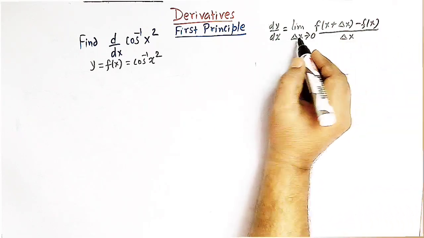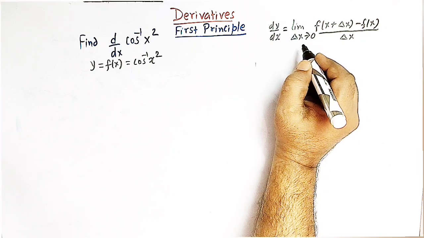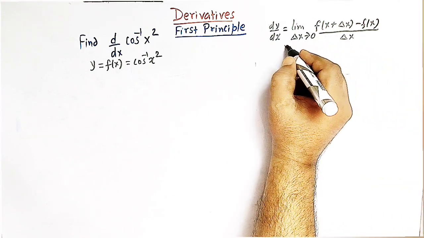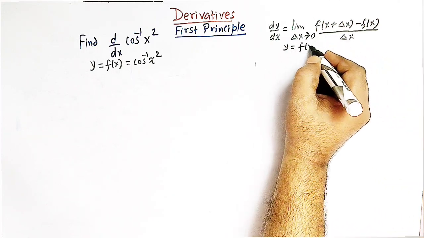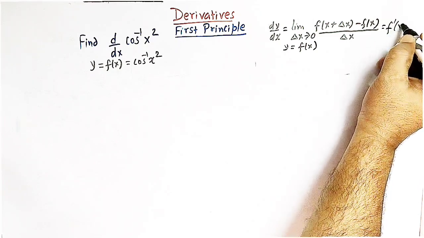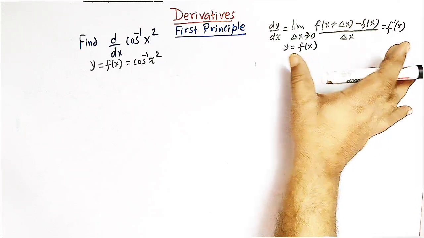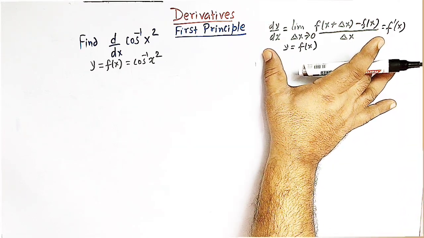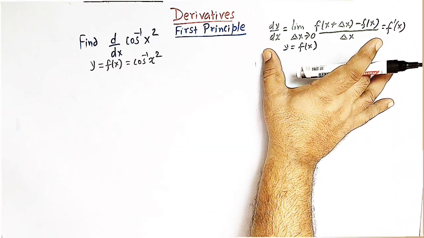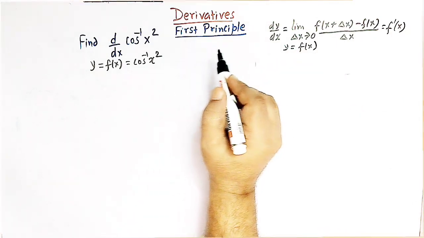So here we are using the notation delta x for h, right? And here we have the function y is equal to f of x. So the derivative, that is f prime of x, is given by this limit, and this is known as finding out the derivative of this function y using the first principle, right?